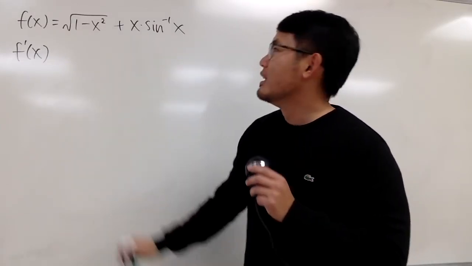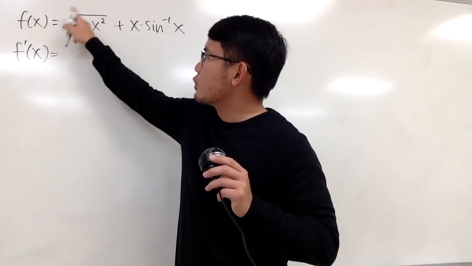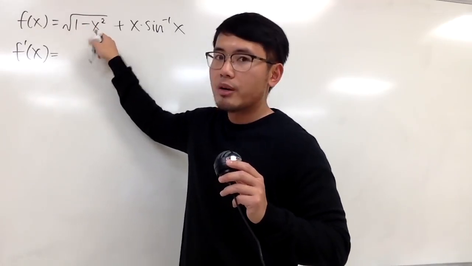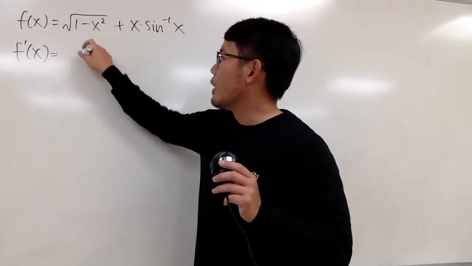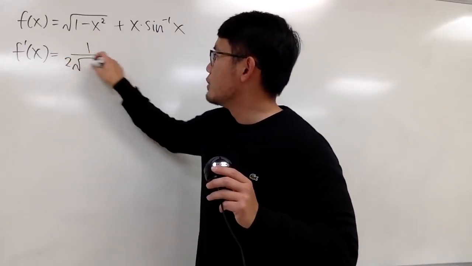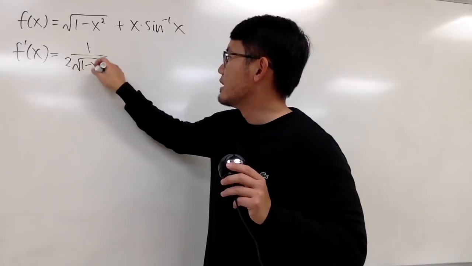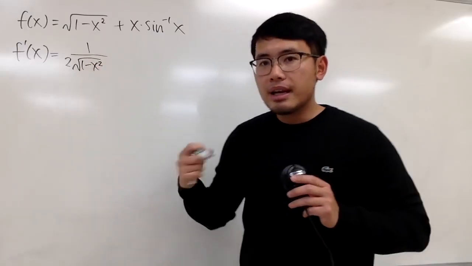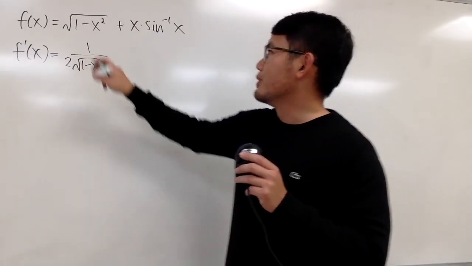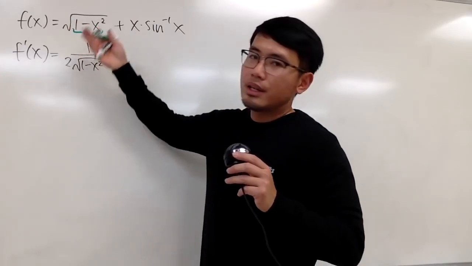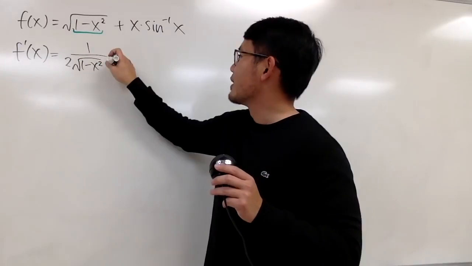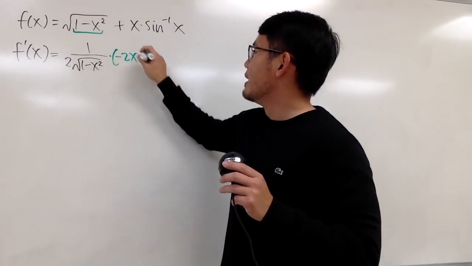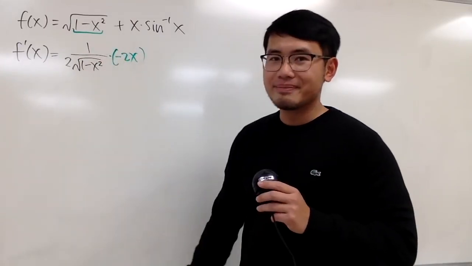So when we differentiate square root of 1 minus x squared, the big picture is that differentiating square root, we have 1 over 2 square root, and then the inside stays the same right here. And then you have to use the chain rule. You are going to multiply by the derivative of the inside. Well, the derivative inside is just going to give us negative 2x. So let's put it down right here. So that's it for the first part.